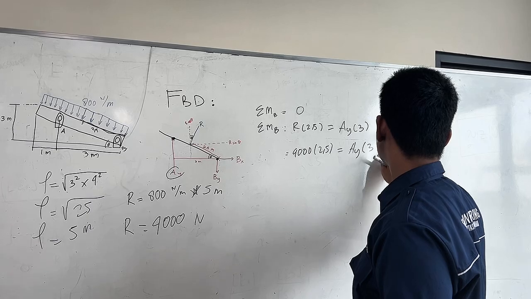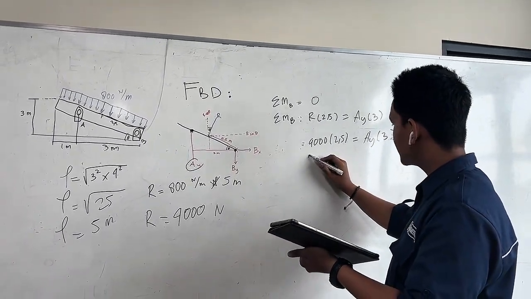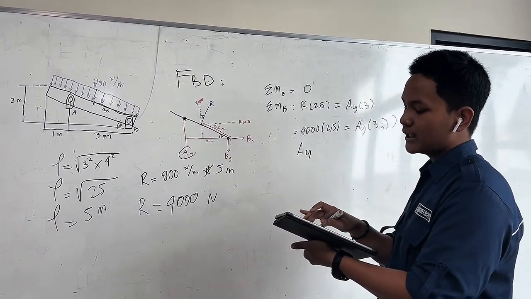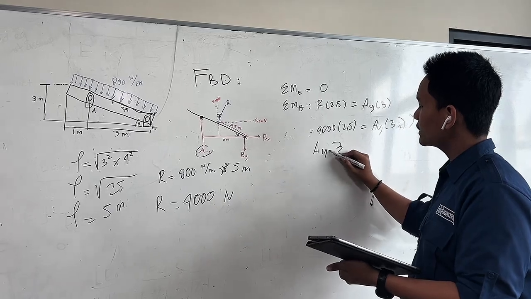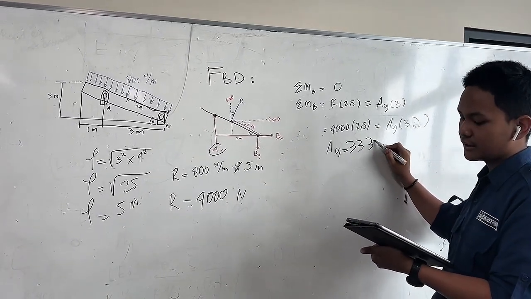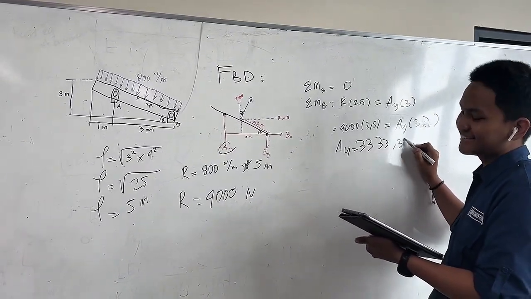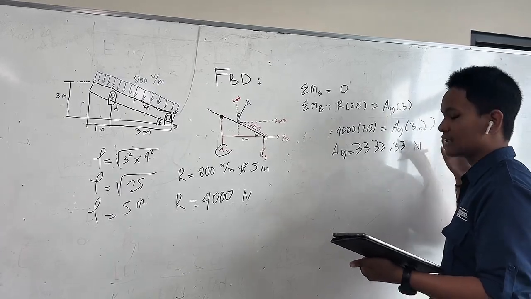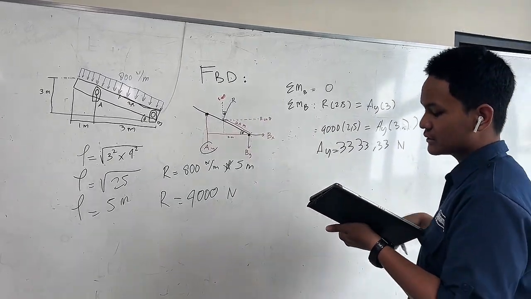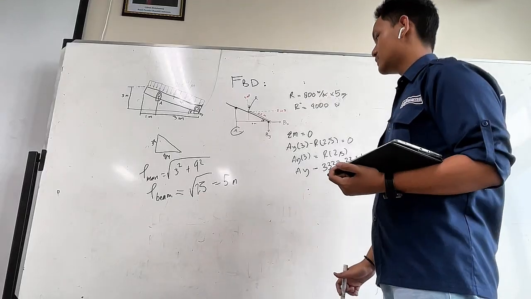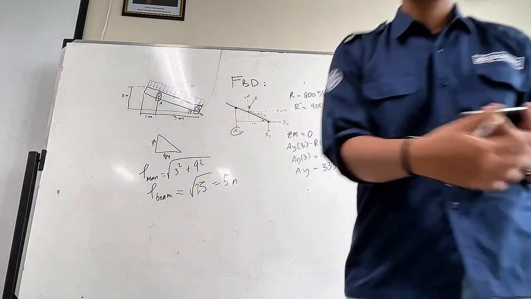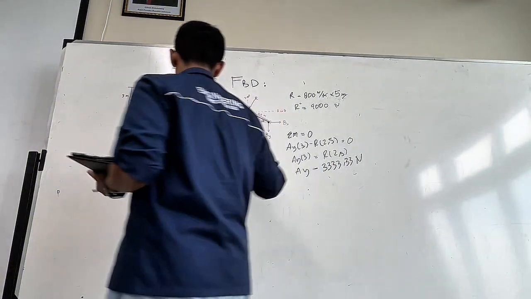Here we will find that Ay is equal to 3,333.33 newtons. So we have the reaction Ay, and we can now find the reaction at the B support.